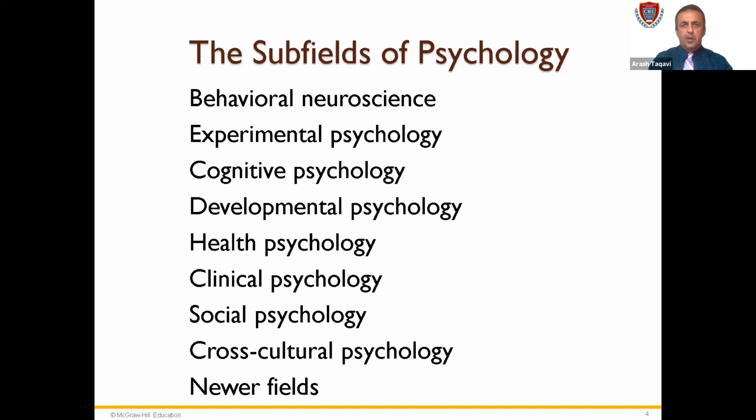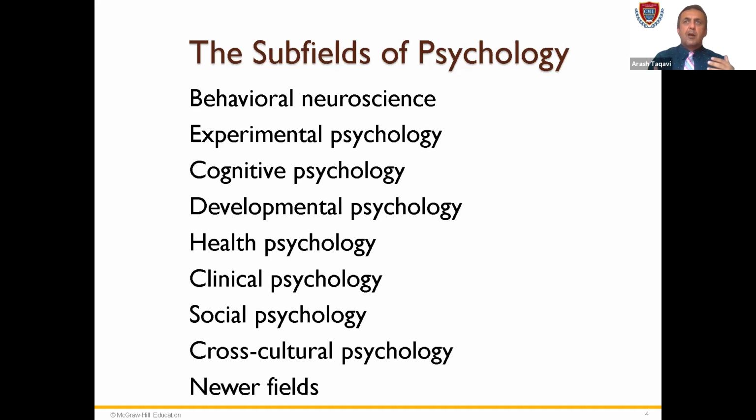For example, development means change, change over the whole lifespan. So when you are talking about the changing of behaviors and mental processes over your lifespan, you are talking about developmental psychology.